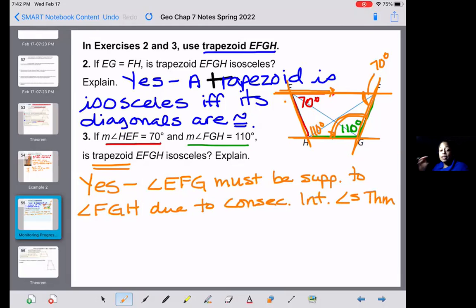This is why I suggest that theorem sheet, because these theorems just keep coming up. So those must be supplementary. So the measure of angle EFG equals 70 degrees.